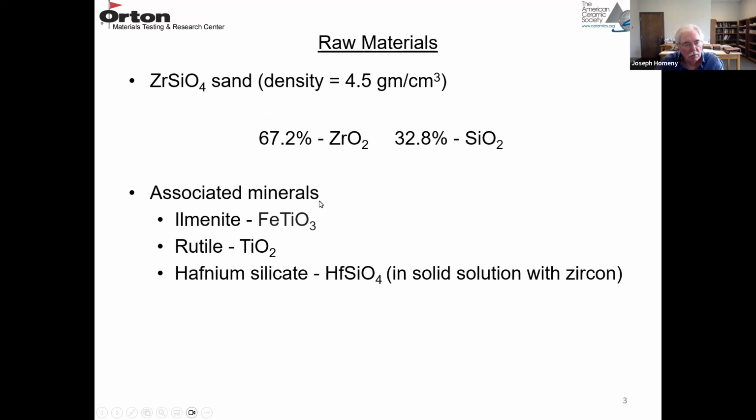So this raw material comes with additional minerals, impurities, ilmenite, FeTiO3, rutile TiO2, and there's always some hafnium in with zirconium. So there's a hafnium silicate, HfSiO4. So there's a small amount of hafnium that's in solid solution with the zircon.